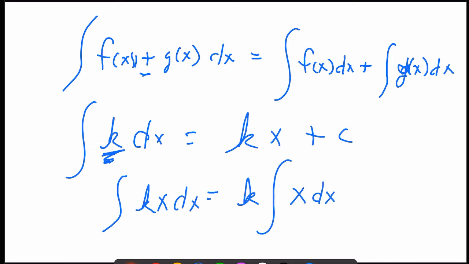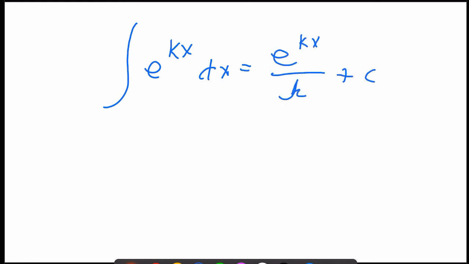It's very exciting. So we can move that out. We can do all of this stuff that we did before. The integral of e to the kx dx equals e to the kx over k plus c. Because remember, the derivative of e to the kx is k e to the kx, and the two k's would cancel out.